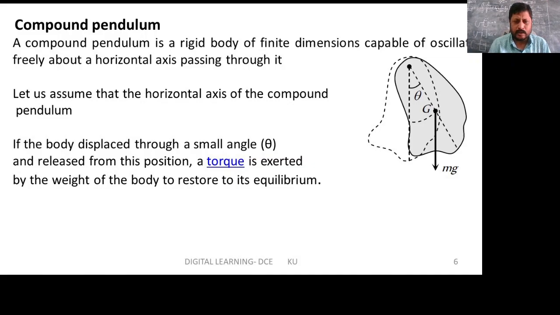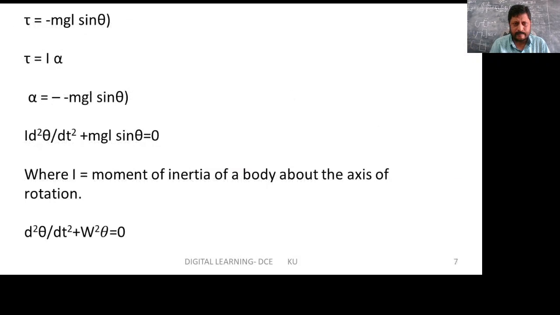Consider a compound pendulum as a rigid body of finite dimension capable of oscillating freely about a horizontal axis passing through it. If the body is displaced through a small angle theta as shown in the diagram and released from the position, a torque is exerted by the weight of the body to restore its equilibrium.